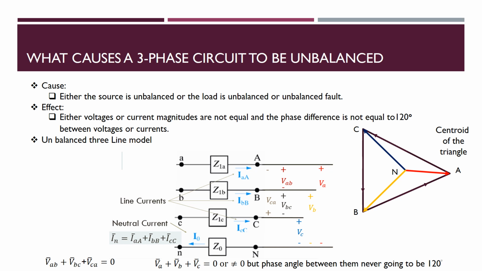If it is a balanced system, this triangle will be an equilateral triangle, and the neutral will be placed at the gravity point of that triangle. VA, VB, VC are equal to each other, and the angle between them is equal to 120 degrees.